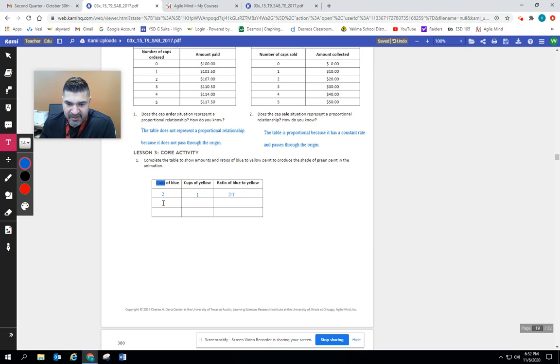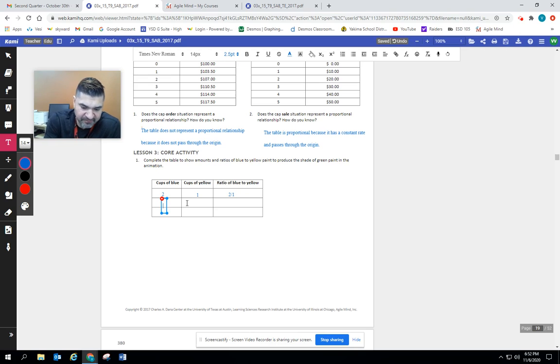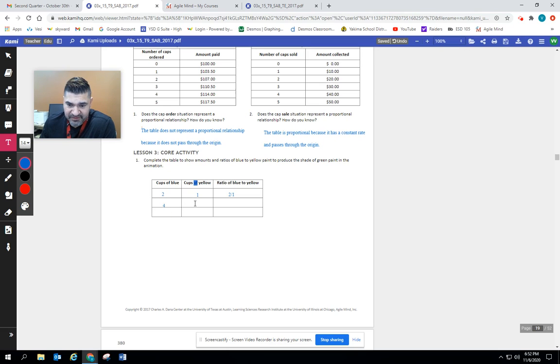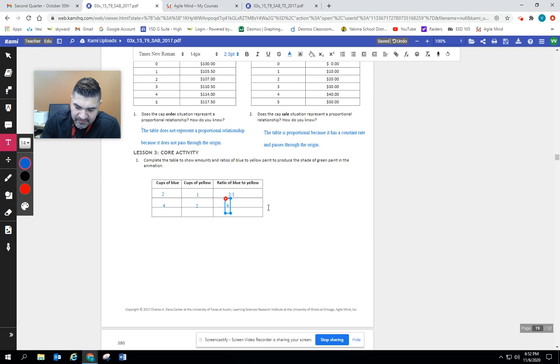Okay, now let's go ahead and put in 4. Remember, this is going to be double the amount of this one here. Or we could actually say this is going to be half of this one. So if we have 4 here and we take half of that, that would be 2. And our ratio from blue to yellow would be 4-to-2.